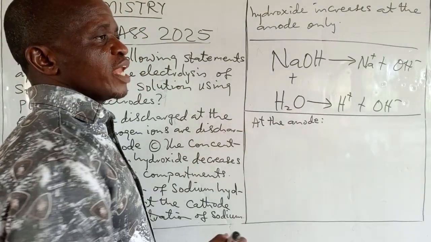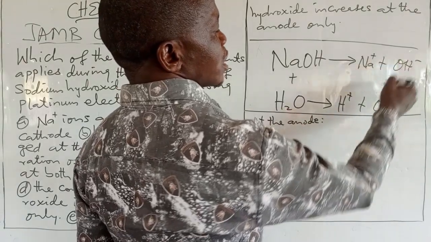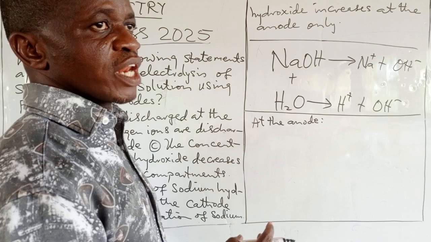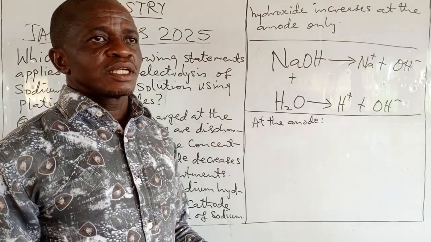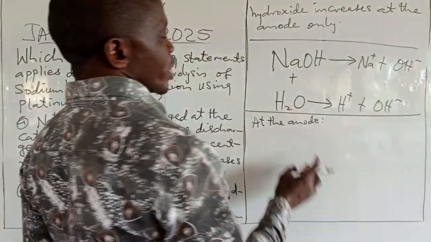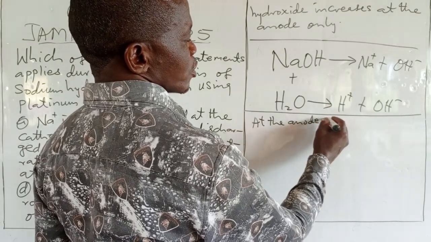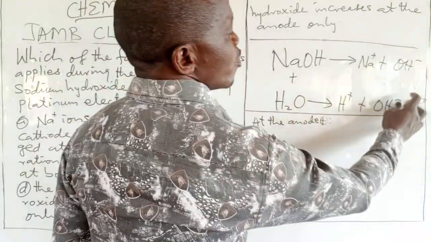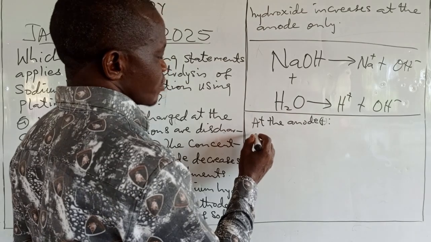Anode is the positive electrode. If this is the positive electrode, these negative ions will move down to the positive electrode, because unlike charges attract, like charges repel. So negative will move to the positive electrode. They will move down, and anything can be discharged there.